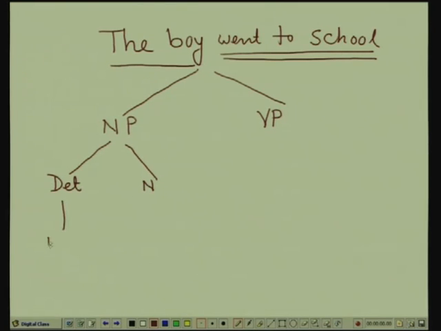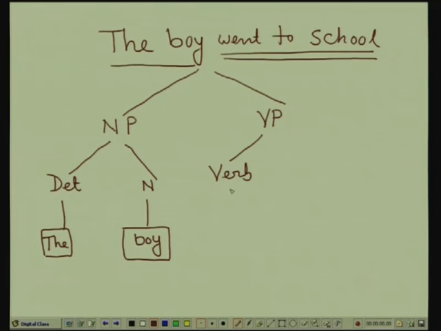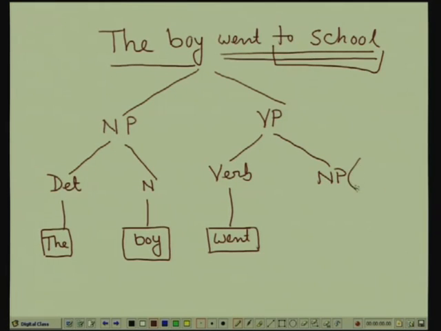The determiner is the, which is a terminal, and the noun is boy. The verb phrase can be broken down into a verb, which is went, and another noun phrase. What is this noun phrase? This, to school. All right.